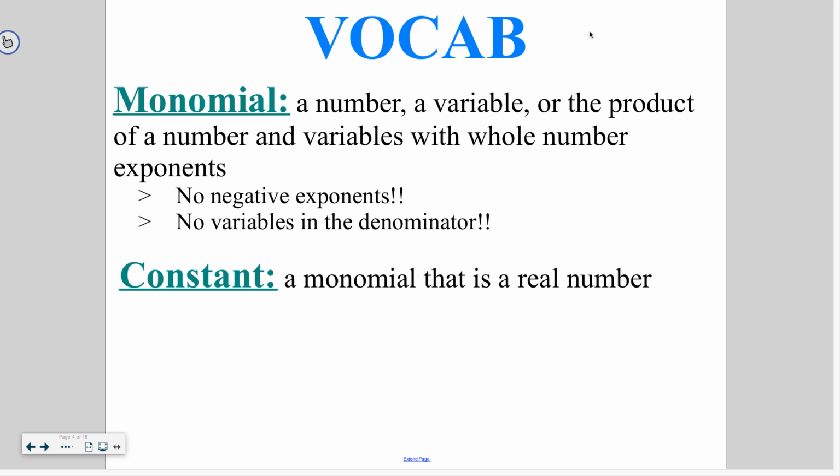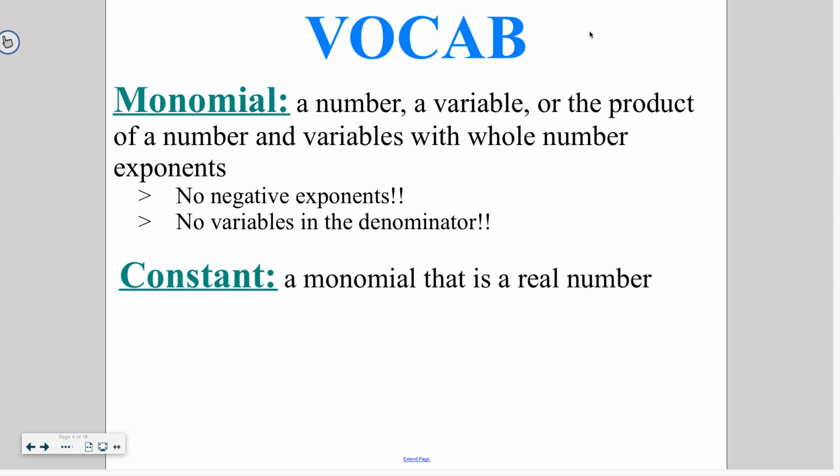And the last thing we can have is the product of a number and variables as long as the variables have whole number exponents. So if I have a to the second power, that is fine. If I have a to the 1/2 power, that is not okay.